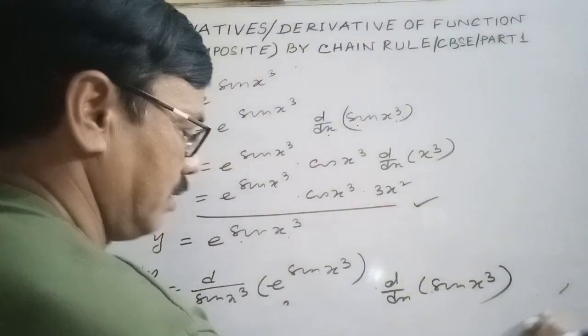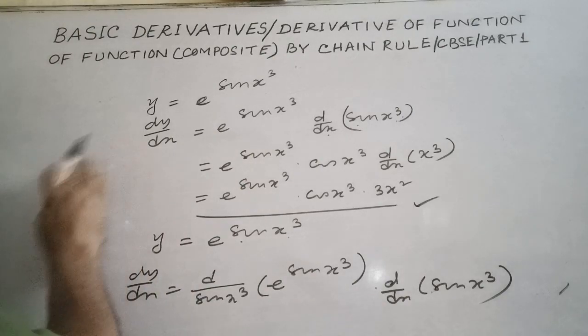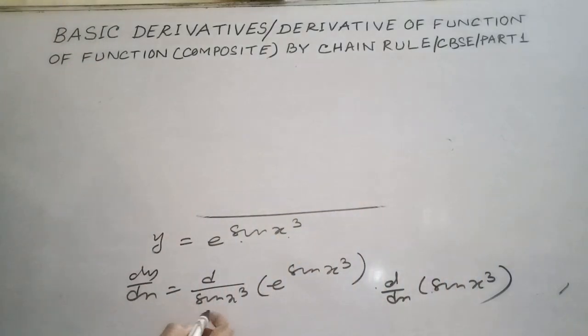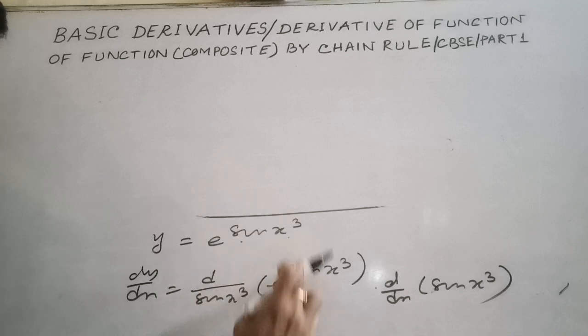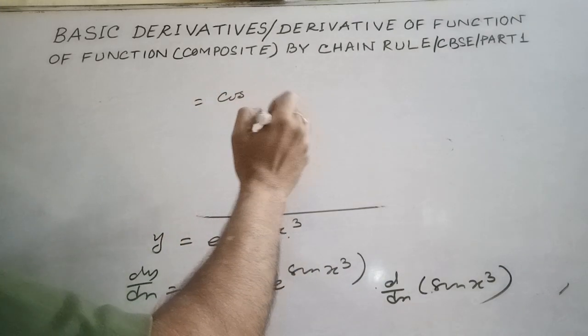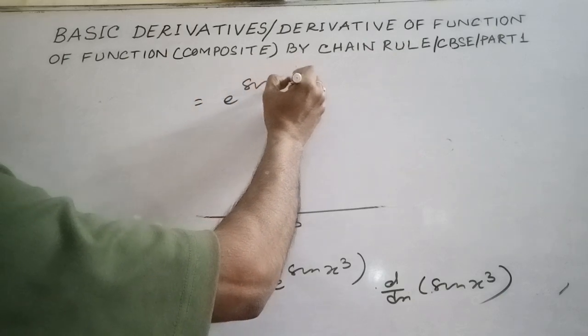So listen again. The derivative with respect to sine x cube of e to the power sine x cube equals e to the power sine x cube.